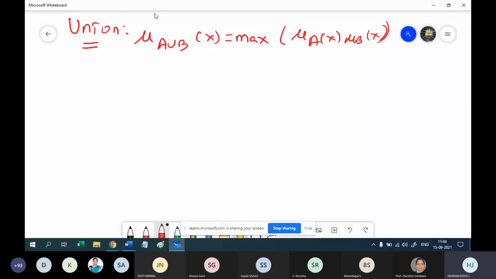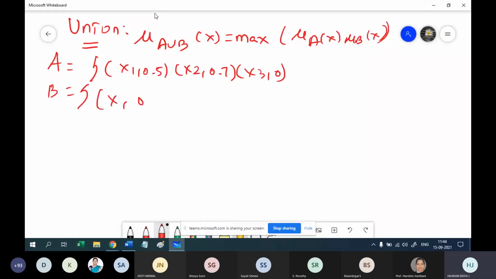For example, we have one set A: x1 0.5, x2 0.7, x3 0. Then B: x1 is 0.8, x2 0.2, x3 is 1. A union B means which is maximum in both values, 0.5 or 0.8. So 0.8.